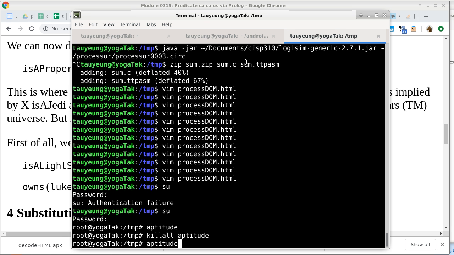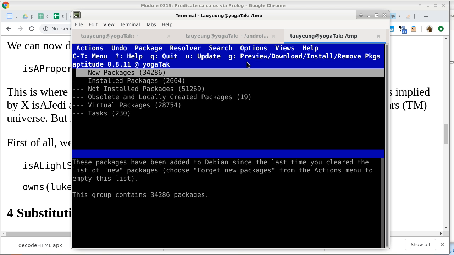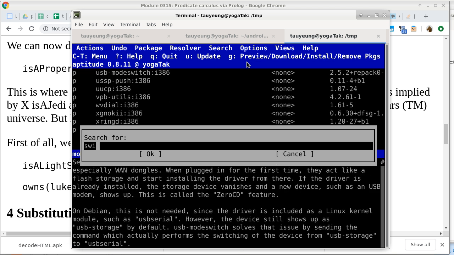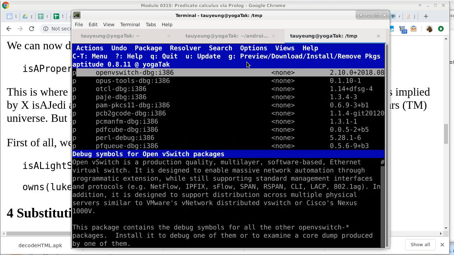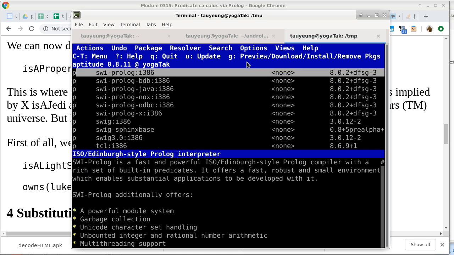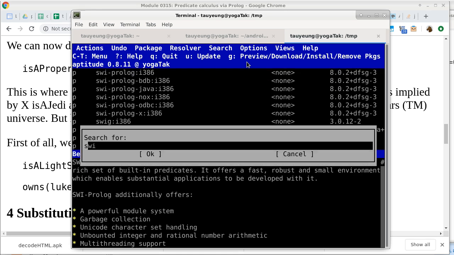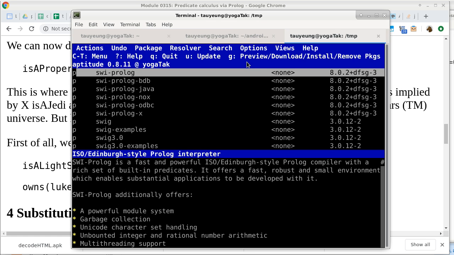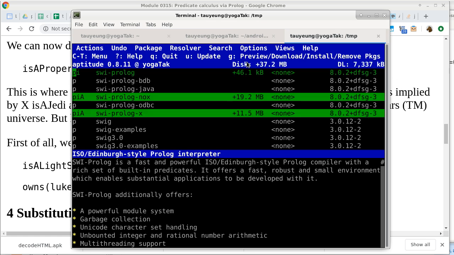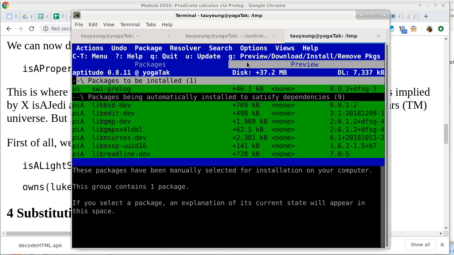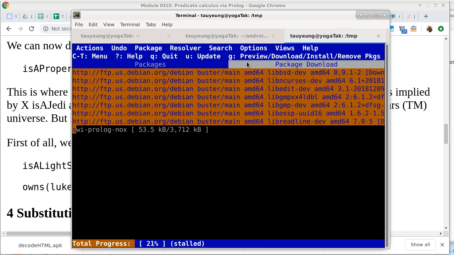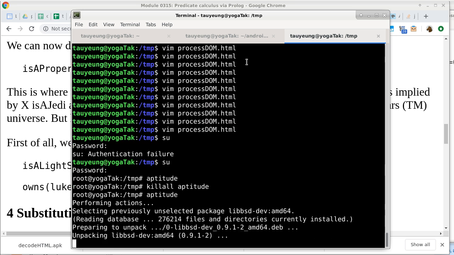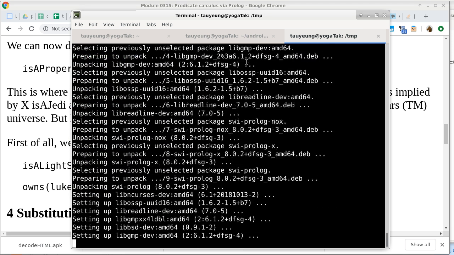We'll kill those first, then we get this one, and then we look for SWI Prolog. There we go. To install it, I just click the plus sign when it's on that item. This is in Aptitude, which is a package manager. And press G to start the process, and that will get it installed.